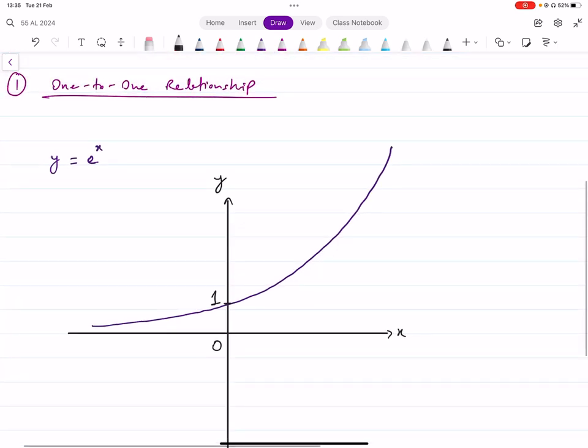Now, if you were to input different values of x in this function, you can try that. For instance, you have x here, you have y here.